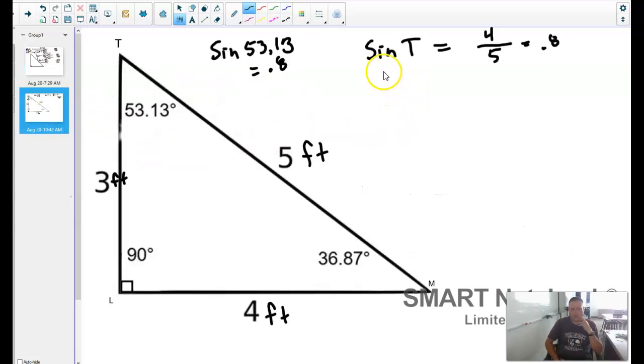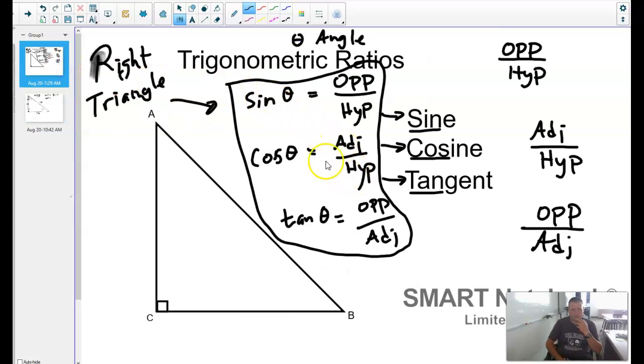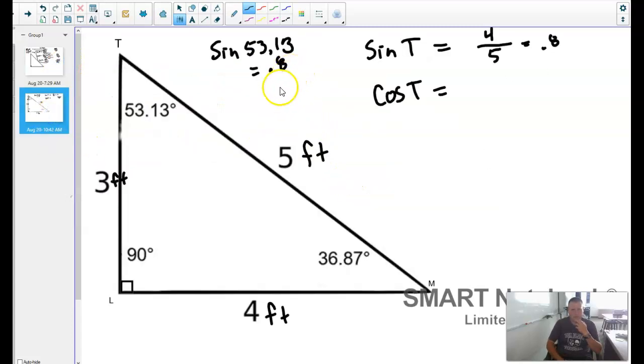Again, we can keep doing this. Let's say I don't know the angle measurements, but I ask, what is the cosine of t? Well, the cosine of t is adjacent over hypotenuse, and you want to memorize those. So what is adjacent to t? Adjacent to t is 3, and the hypotenuse is 5. So this would be 3 over 5, or 0.6.